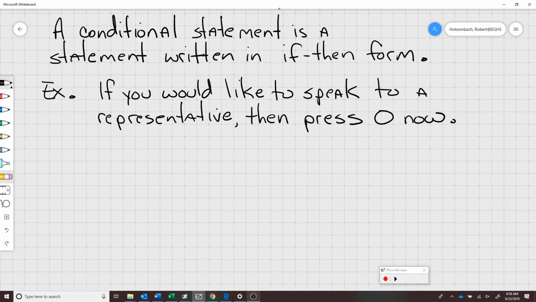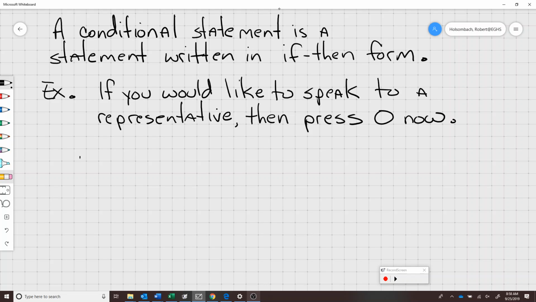The symbol for a conditional statement. Word, symbol, model. Let's do this little table here. Let's do a table like they got on page 107, the conditional statement.